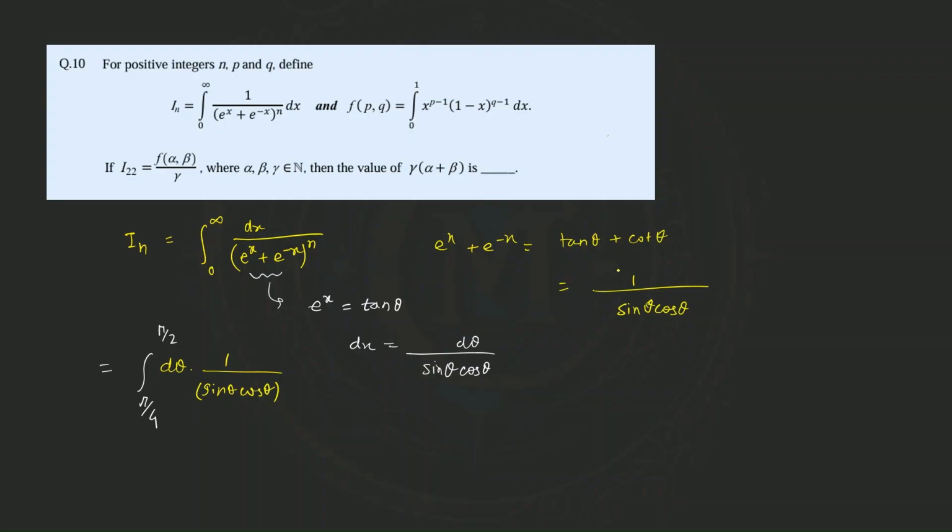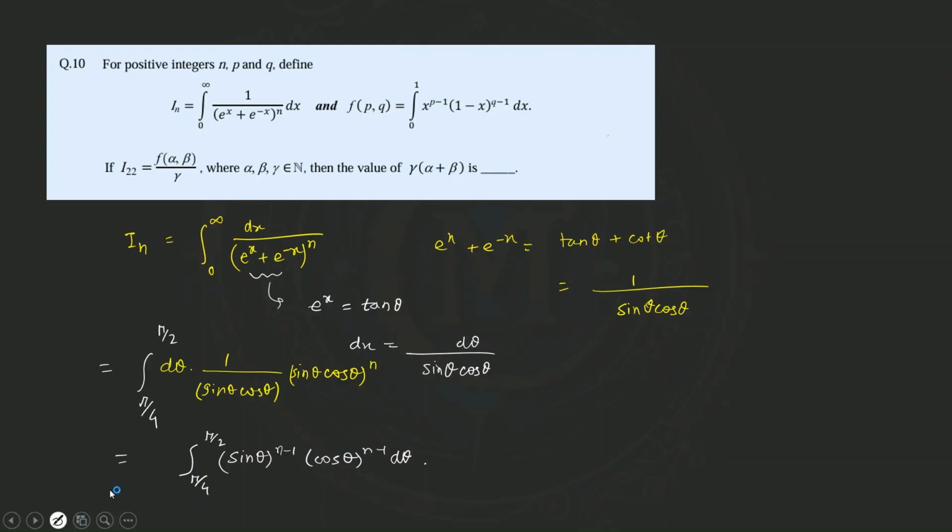We broke it down in sine and cos and simplified it to get 1 by sine theta cos theta, so we get (sine theta cos theta) whole to the power n. So we can write this as integral pi by 4 to pi by 2, sine theta whole to the power n minus 1, cos theta whole to the power n minus 1 d theta.